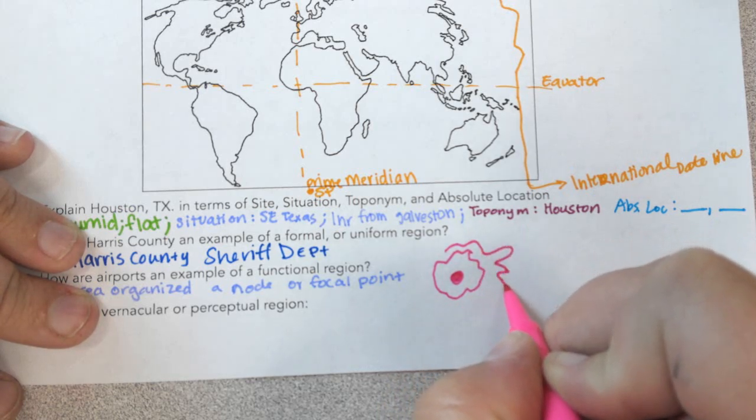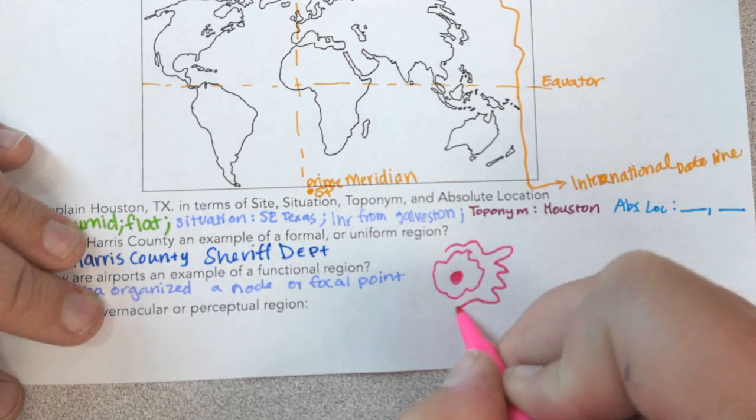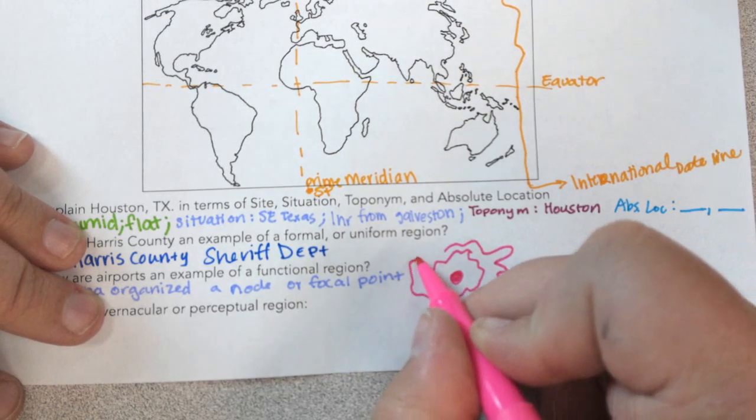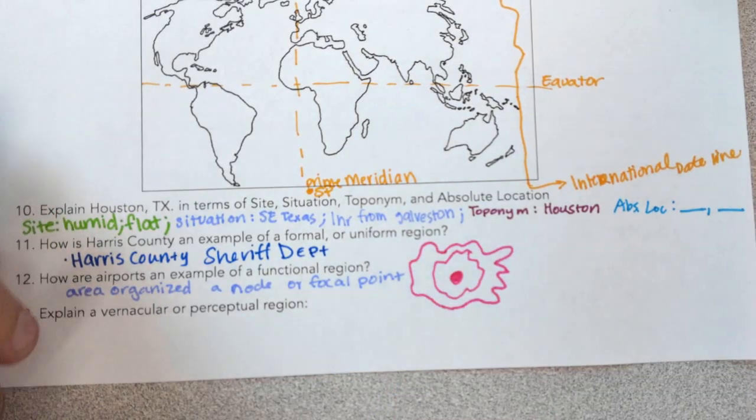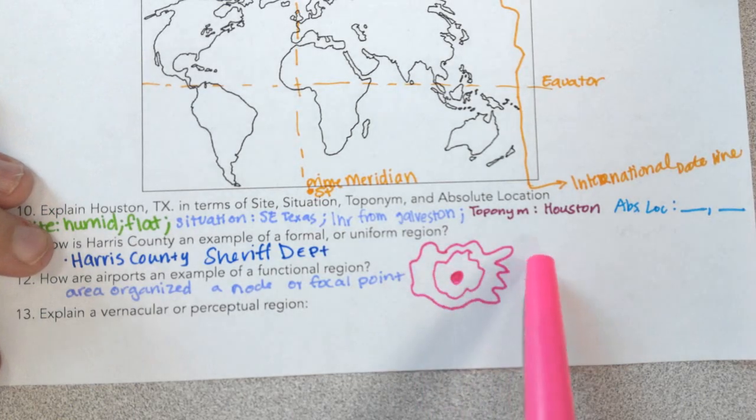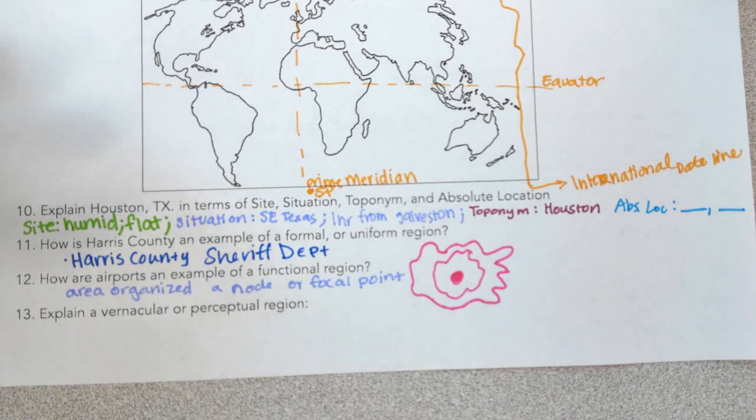I'm trying to show you different layers of people who might go. This was my example of, here's the center point. I don't know how well it's working, but it's a thing.